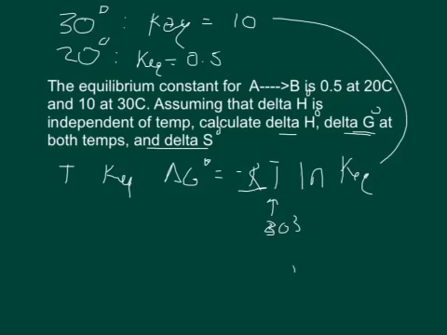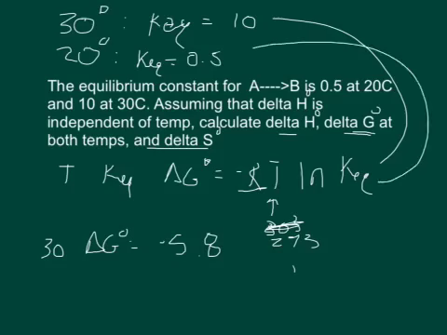So at 30 degrees, delta G standard state is going to equal negative 5.8. Then the same thing, you change this to 293 and KEQ to 0.5, and at 20 degrees, delta G standard state is equal to positive 1.69.